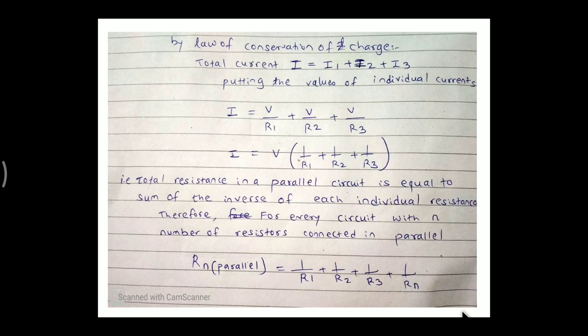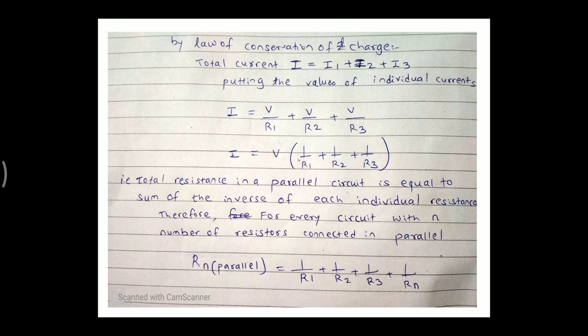So here, putting the values of individual currents in the above formula, we get I is equal to V upon R1 plus V upon R2 plus V upon R3. See, V is common in each of the three terms. So here we take V as common. Then I is equal to V into bracket 1 upon R1 plus 1 upon R2 plus 1 upon R3.